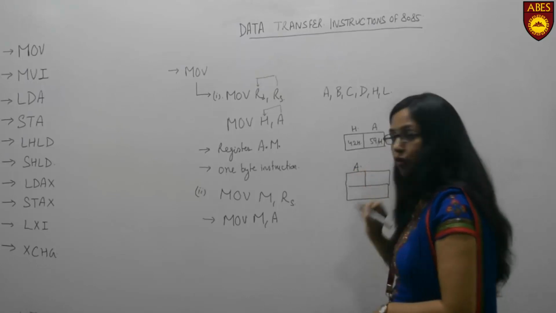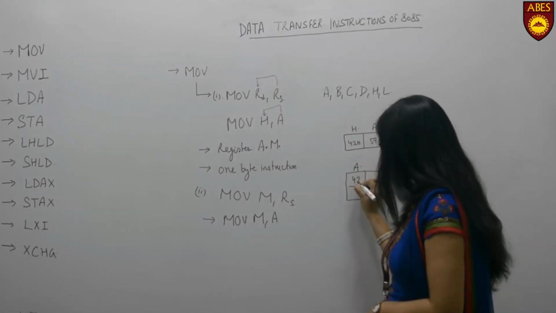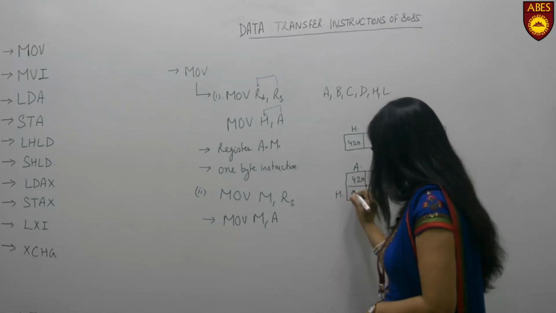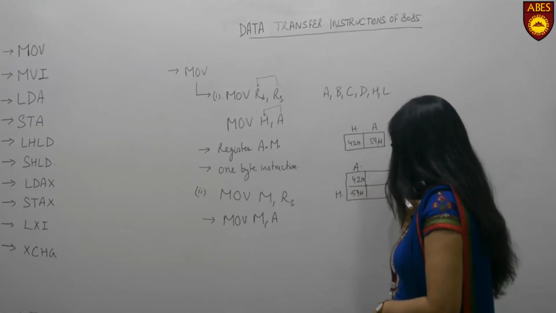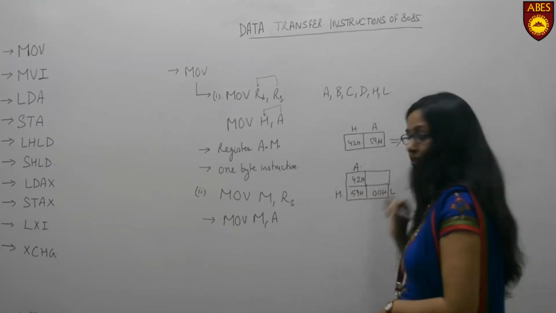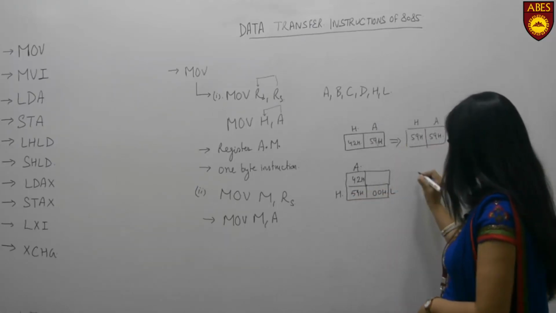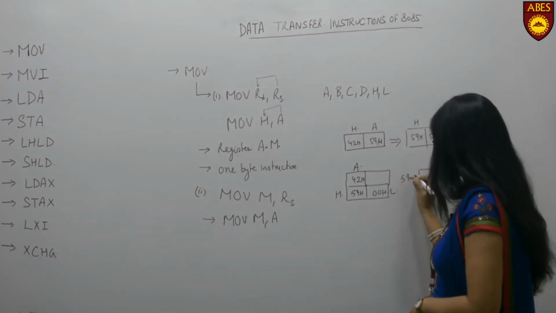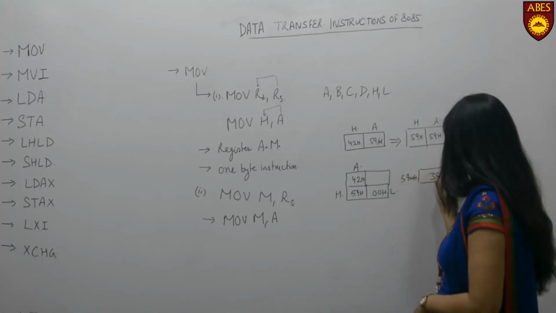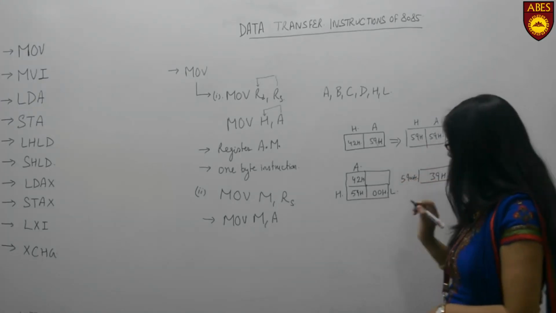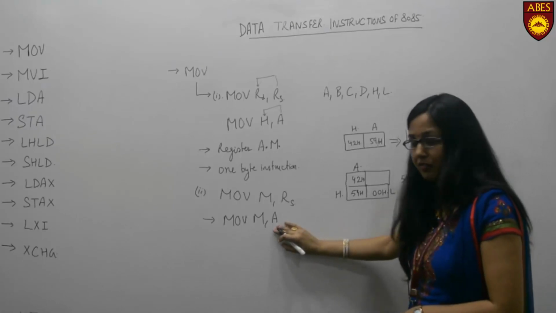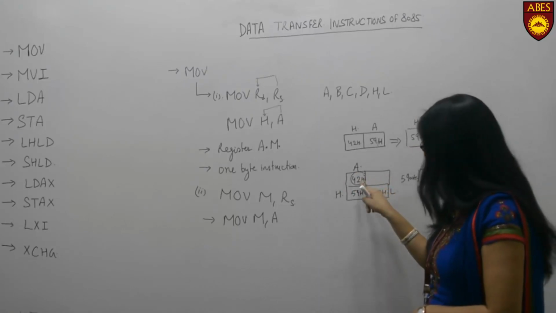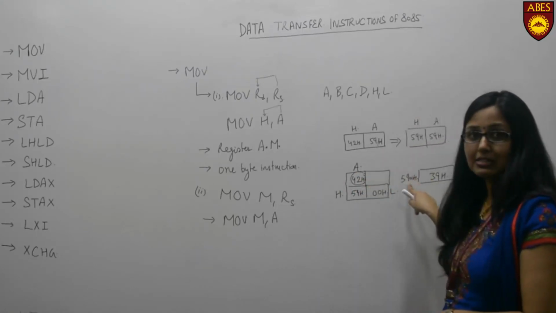For example, the content of the accumulator before the execution of the instruction is 42H, the content of the H register is 59H and the content of the L register is 00H. After the execution of this instruction, the accumulator content 42H is copied to the location 5900H.